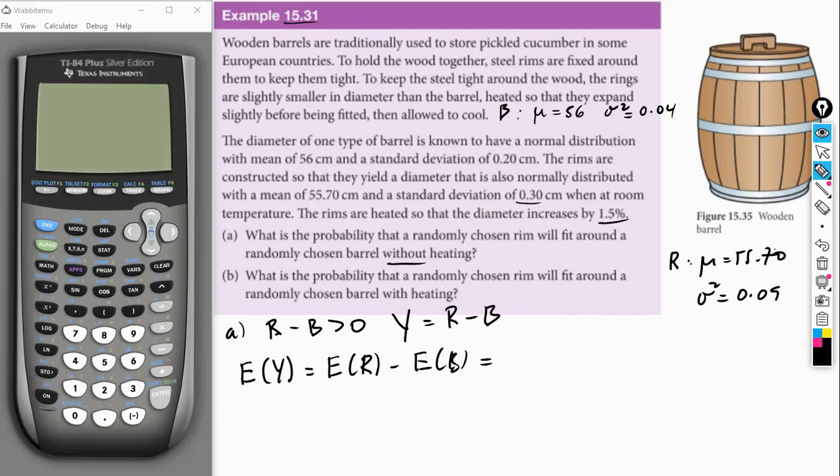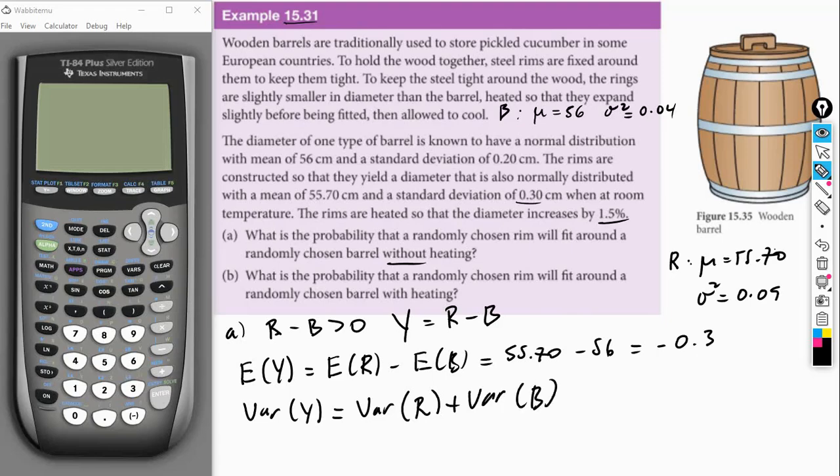And this is going to be 55.70 minus 56, which is going to be negative 0.3. Then we need the variance. Notice that the variance for Y, and we always add the variances, the variance of R plus the variance of B. And this is going to be 0.09 plus 0.04.